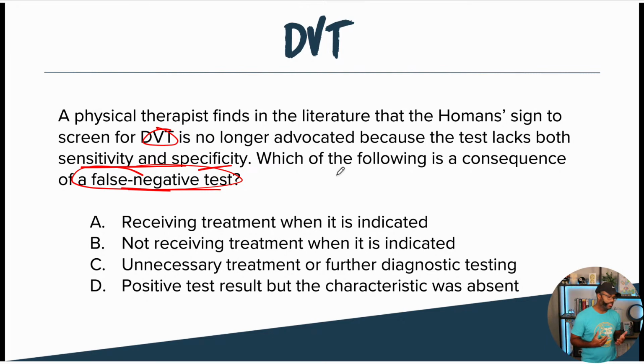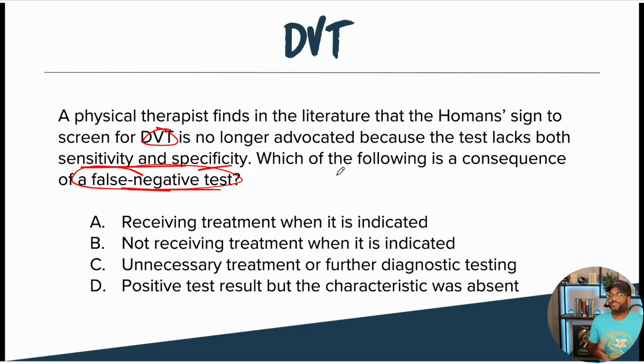False negative means that the patient or the subject had a negative test, however, they had the condition. Let me say that again. The subject or the patient had a negative test, but actually had the condition or the pathology. That's not good to get a negative test when you actually have it.